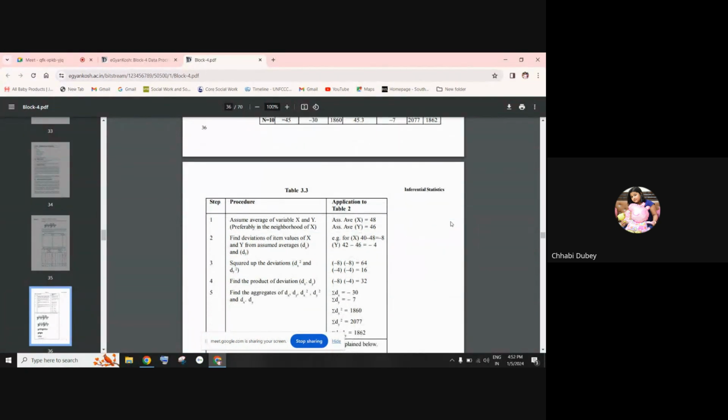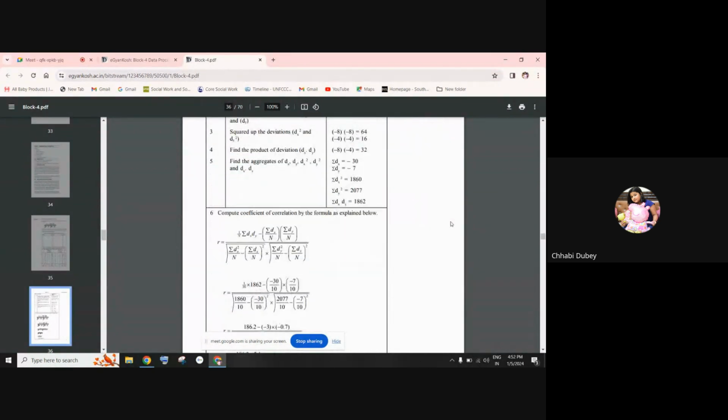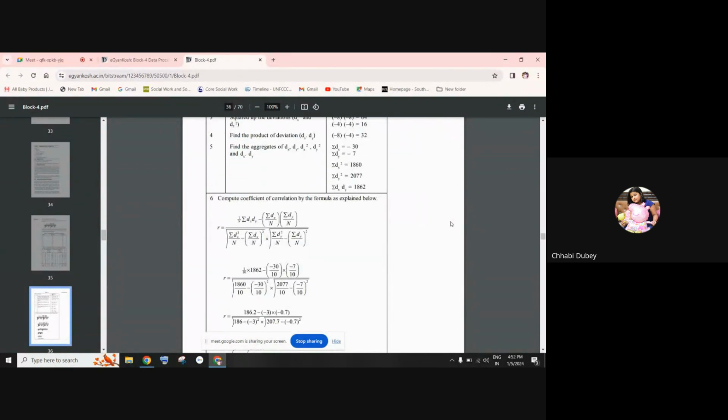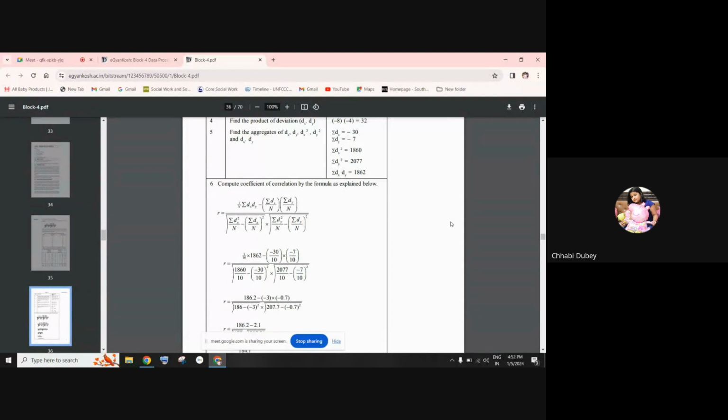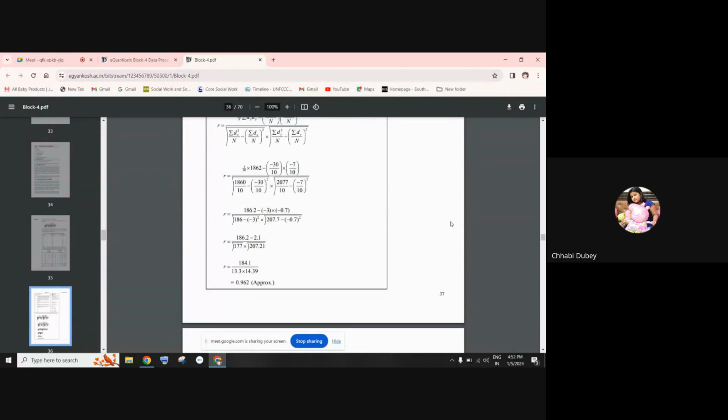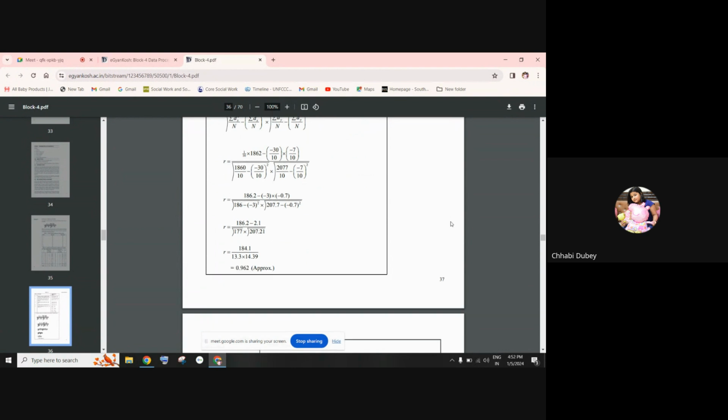First of all, we will assume the averages of variables x and y, and then we will find the deviations of the items from the assumed averages. Then we will square the deviations, find the product of deviations, and then find the aggregates.